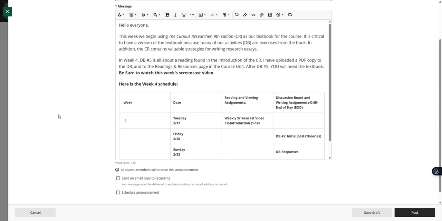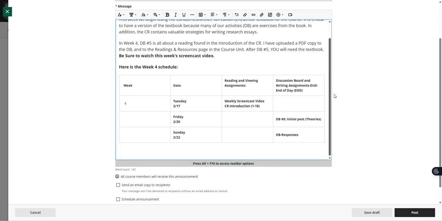So this particular week, we are working in the introduction, which has many good sections to fill in and help out with the notion of writing research essays.